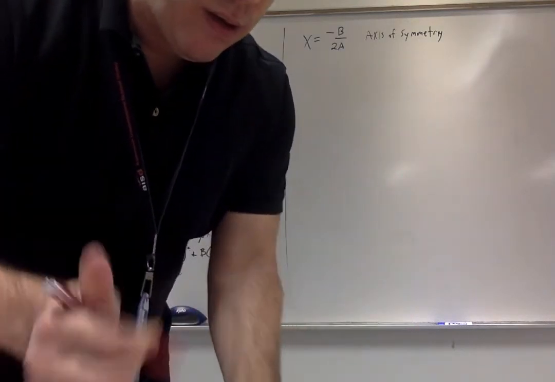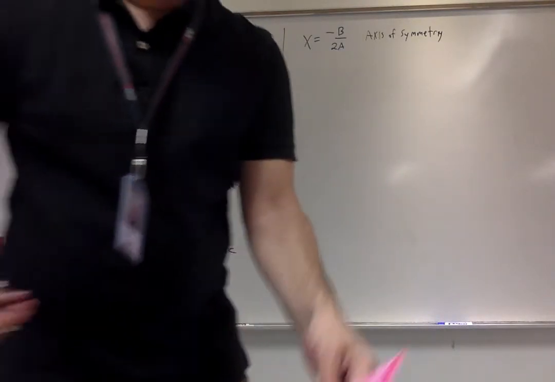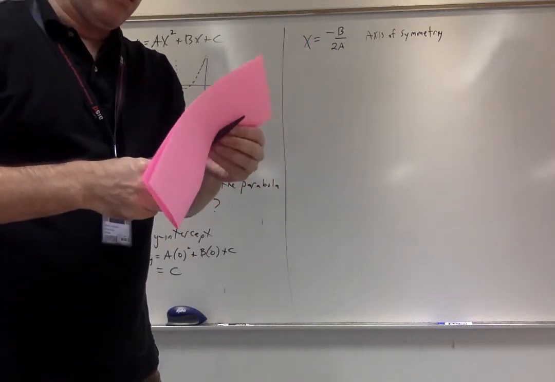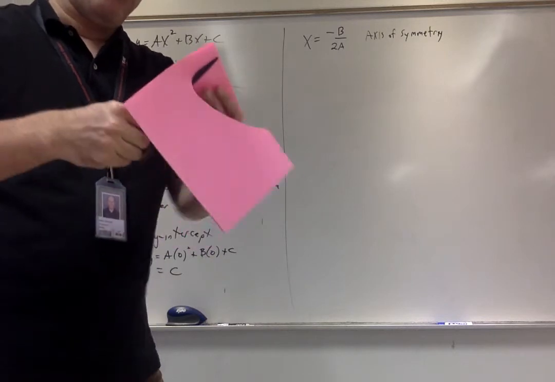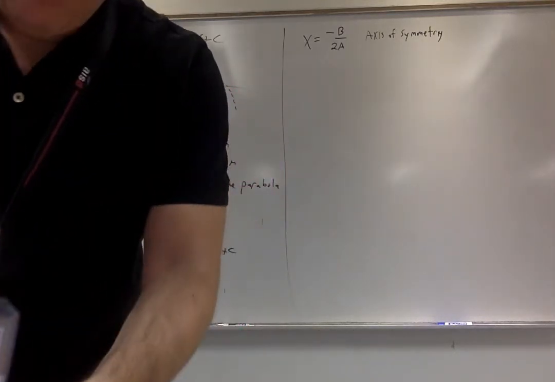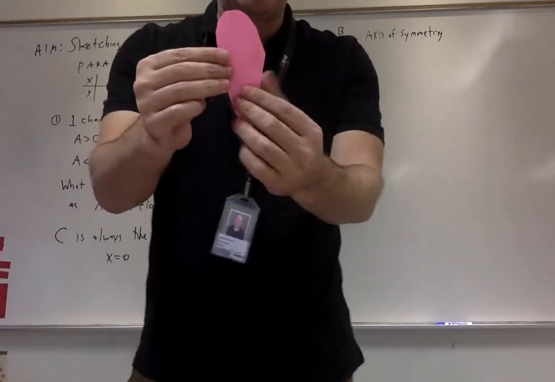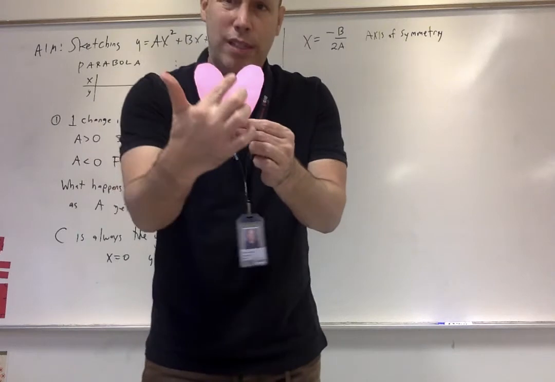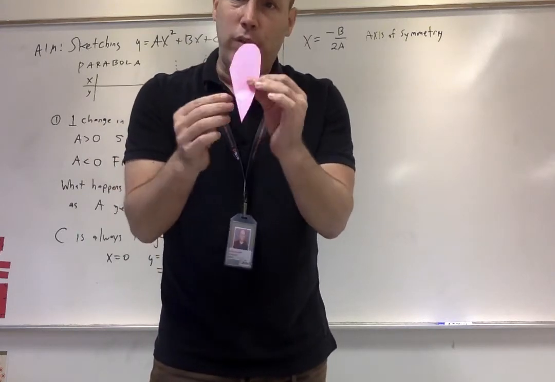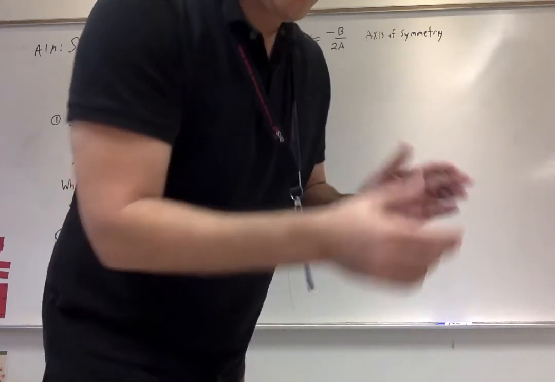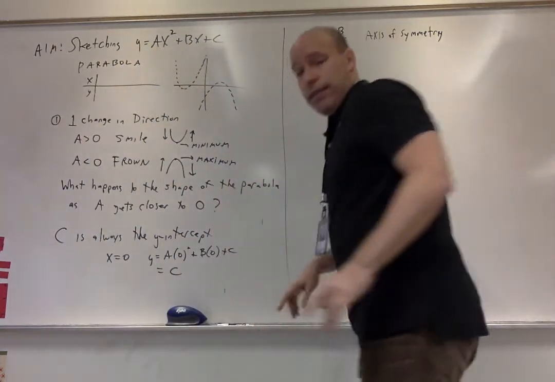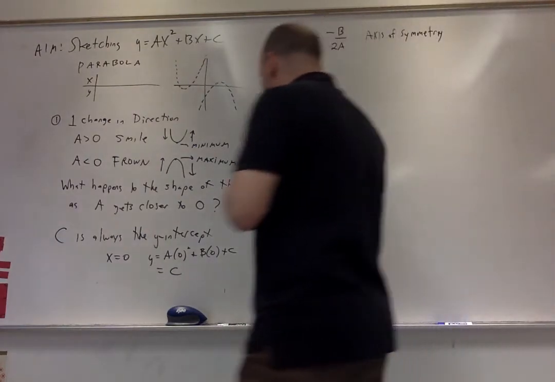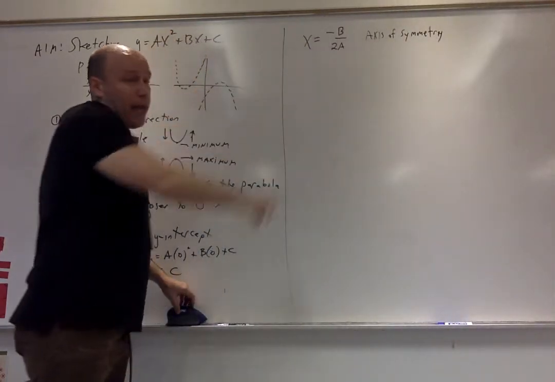You draw half of it, and then you cut it out on the axis. You cut that out on the axis, and the idea is you unfold it, and you have the heart. And this is known as the axis of symmetry. You can fold it onto itself. So, parabolas have an axis of symmetry. We saw in the Desmos exercise that it had the equation x equals negative b over 2a.